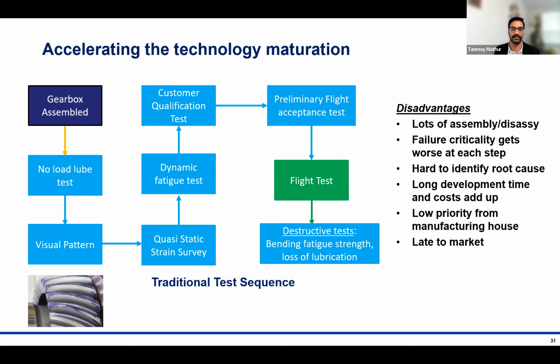And if, let's say, you pass all these tests, but fail right here, it would be very hard to identify the root cause. And what ends up happening is you would have to go back to the drawing board and look at all of the gearbox components. So that can delay your entry to the market.